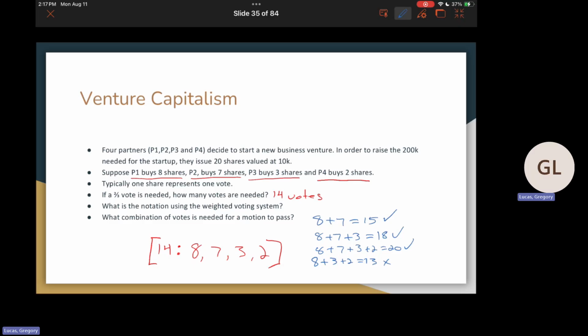Truly, that would mean if I had the 7, that wouldn't pass either. Right. So this raises some questions. If player 1 says no, it's over. Player 1 has a lot of the power, but player 1 and 2 have to vote together for it to pass. So these are our three combinations here.